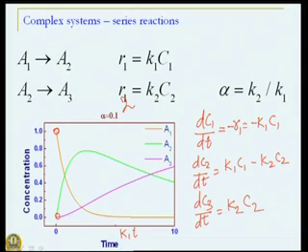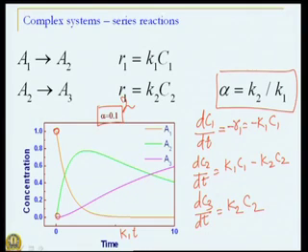If you make these equations dimensionless, a ratio of K2 and K1 appears in the mass balance equations, and we call that ratio alpha, and this graph is for a value of alpha equal to 0.1. We will do it for different values of alpha a little later on, but at this point let us look at what happens when alpha is equal to 0.1.